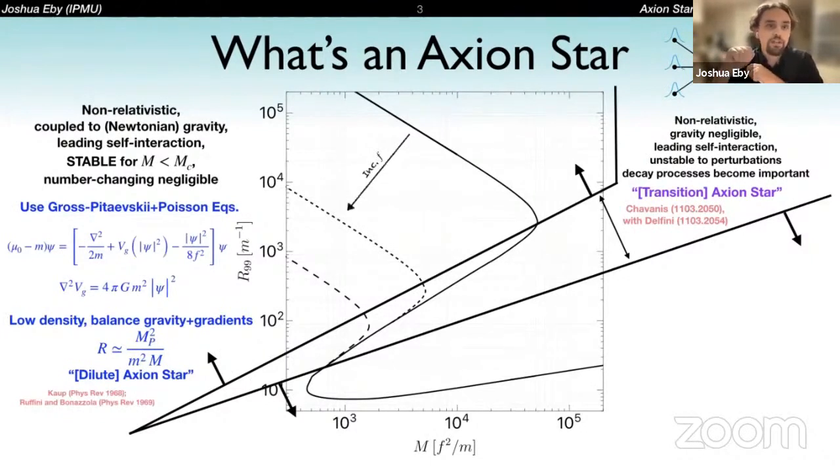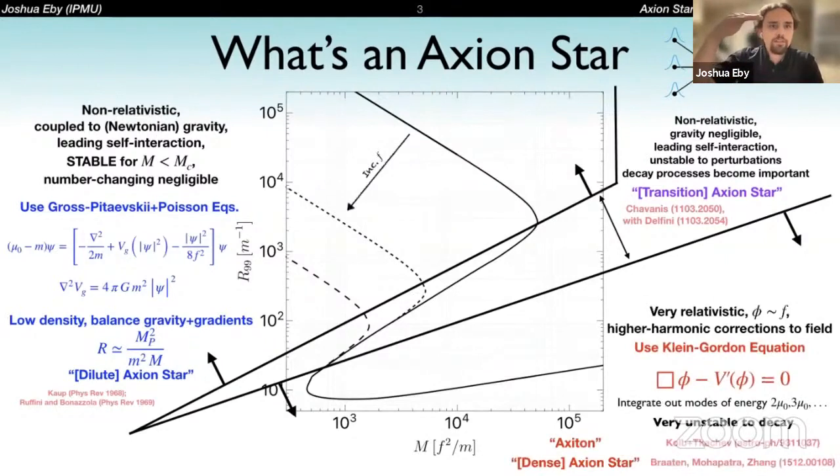In these configurations, the self-interactions start to become important, but only the leading one. They're actually balanced by an attractive self-interaction and a repulsive gradient energy. And at the largest masses on the transition branch, you start to see a turn on of some decay processes, which I'll discuss a little bit later.